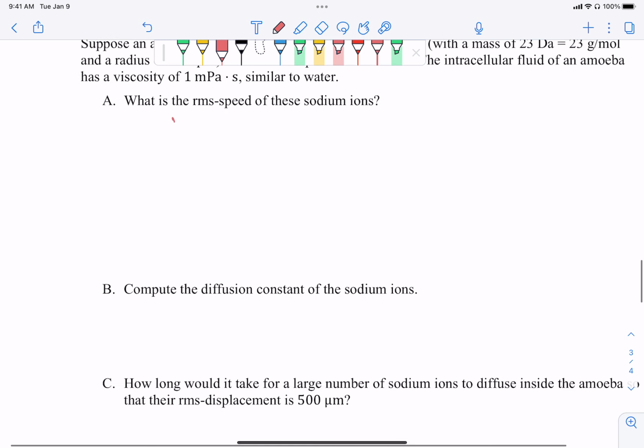So what is VRMS? That's a big question there. Does anyone know the equation for VRMS by any chance, if you have your equation sheets pulled up?